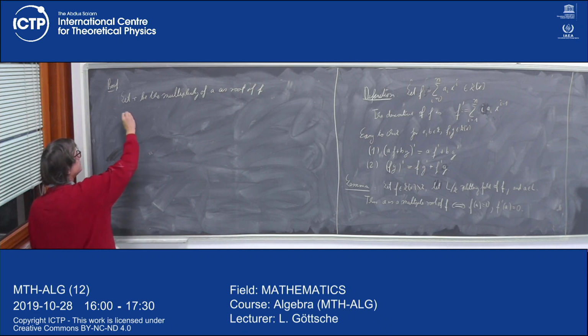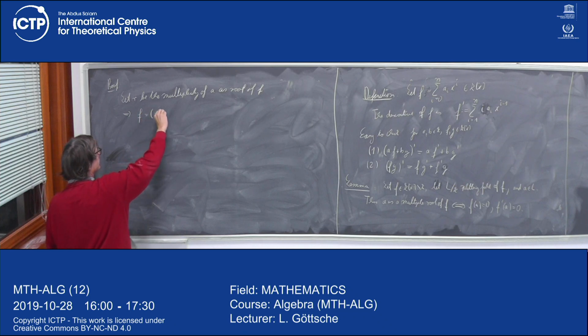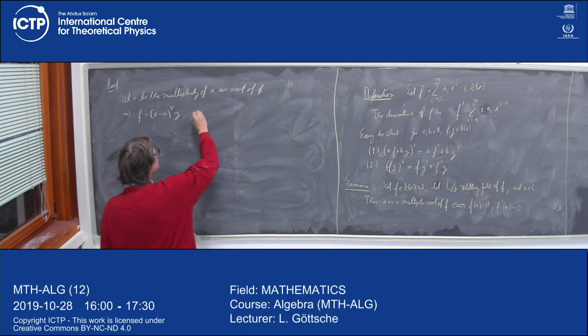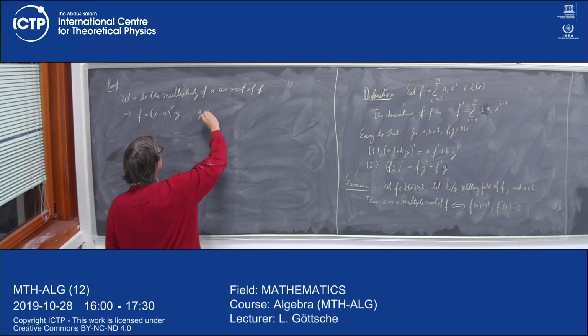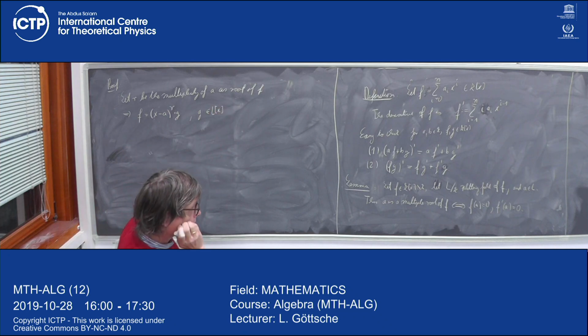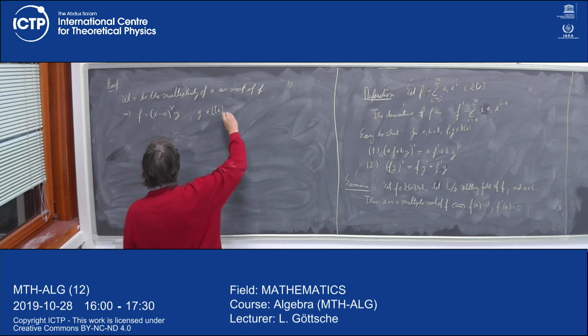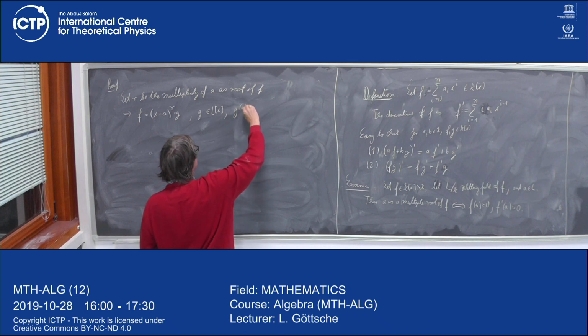Then we can write f as (x minus a) to the r times g, with g in L[x] and g of a not 0.